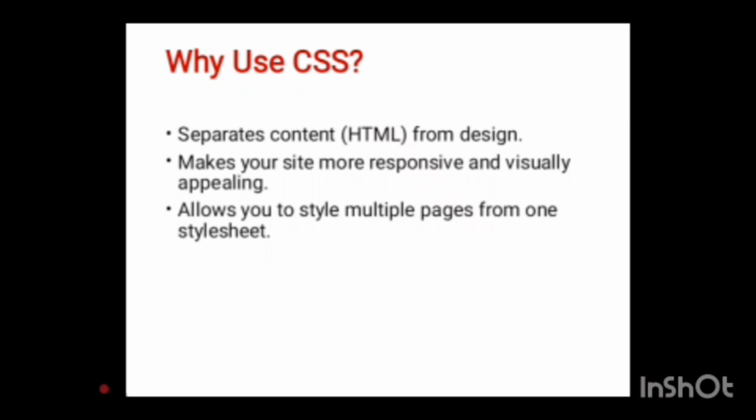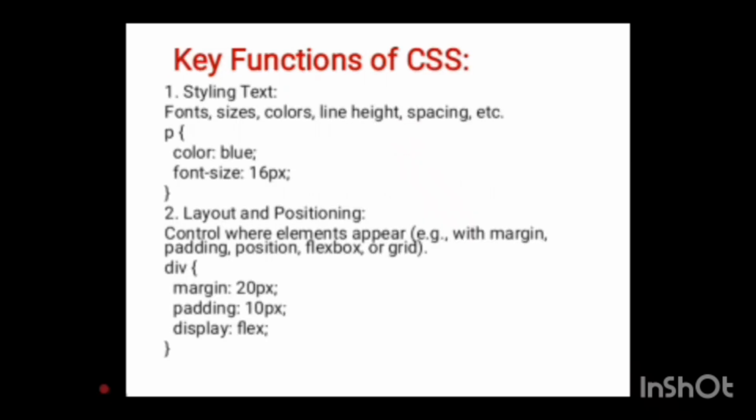Next, it allows you to style multiple pages from one style sheet. With CSS, you can style multiple pages using only one style sheet, using the external CSS addition that I've talked about.